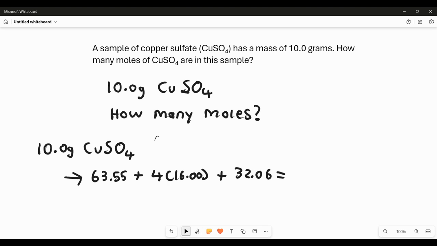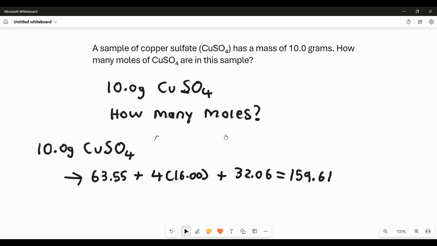Now we just plug and chug into our calculator. That will give us 159.61. That is a big molar mass.